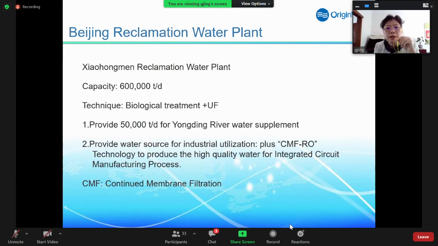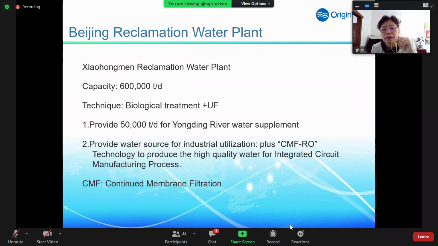We cannot use that big amount of water every day, but we can use part of it for river water supplement. For example, we provide 50,000 cubic meters per day in Beijing for Yongding River water supplement. We also provide part of the water as a source for industry utilization.